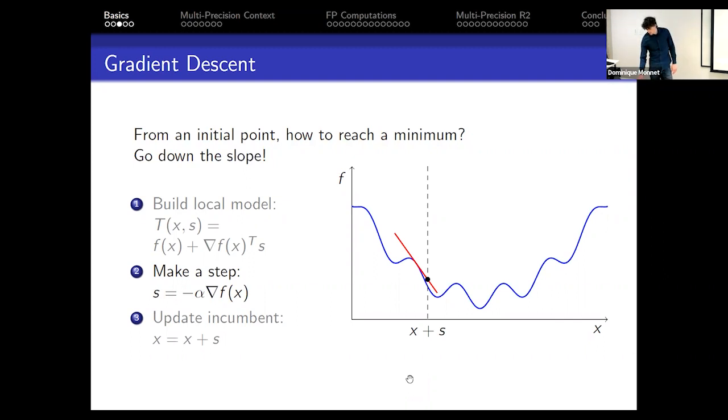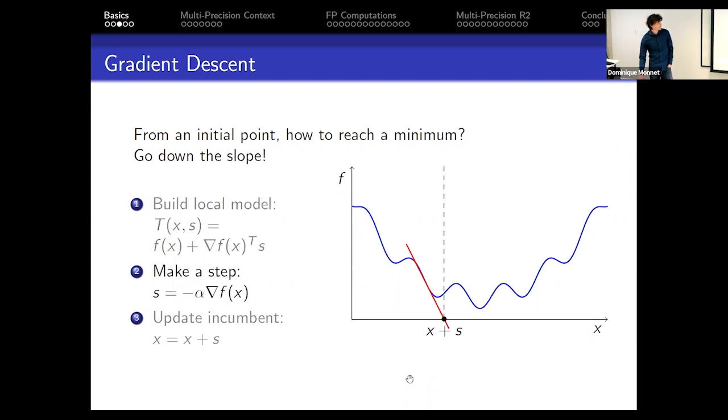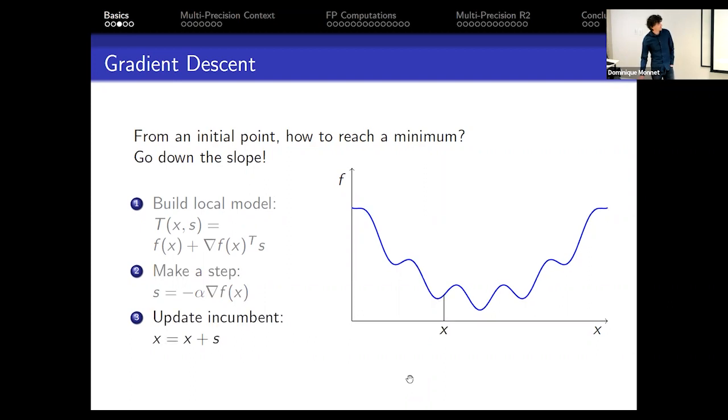After that, my next point is x plus the step I just made. I'm going to repeat: build the local model, go down the slope in the opposite direction of the gradient, make a step, new current increment, and go again to step 1.